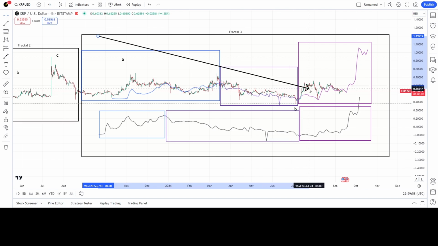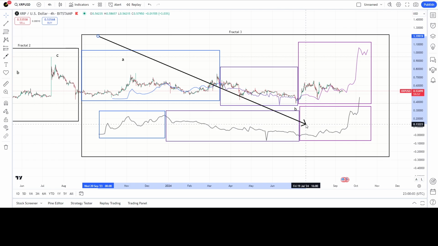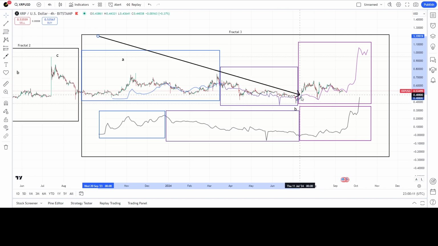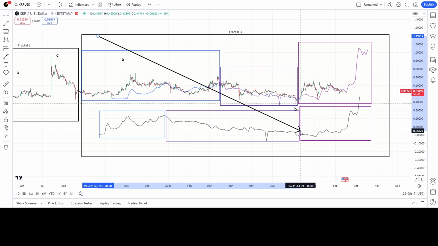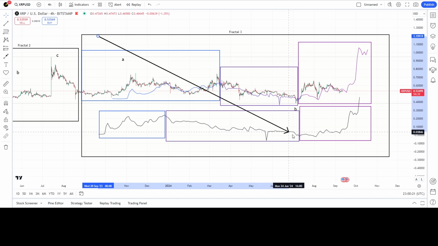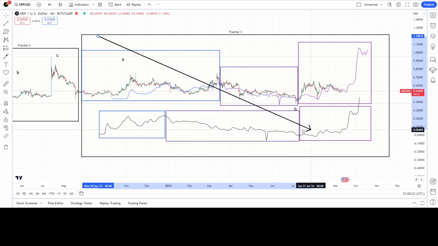So now we are in this third part of this structure. Now, in one of my previous videos, I was comparing this same structure to what was going on, and we were around this point. And I was a little concerned that today's chart started moving up, and it appeared to have skipped this.